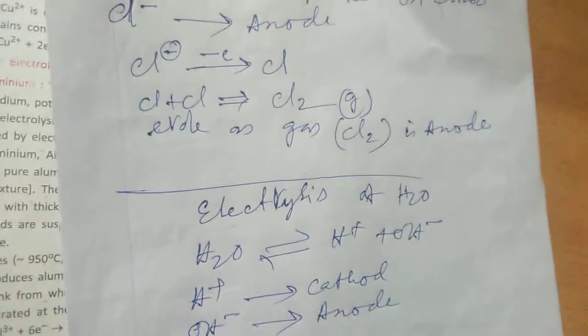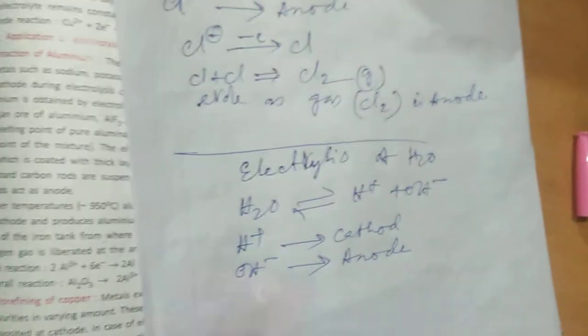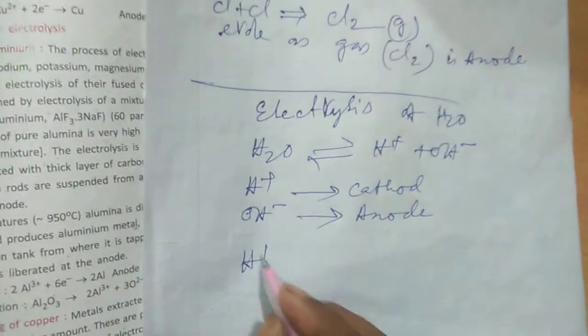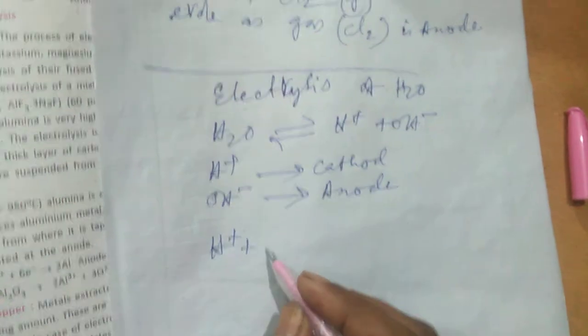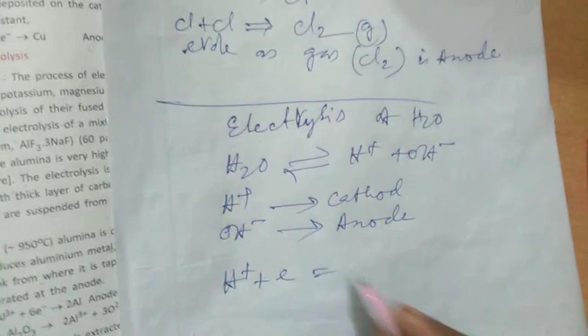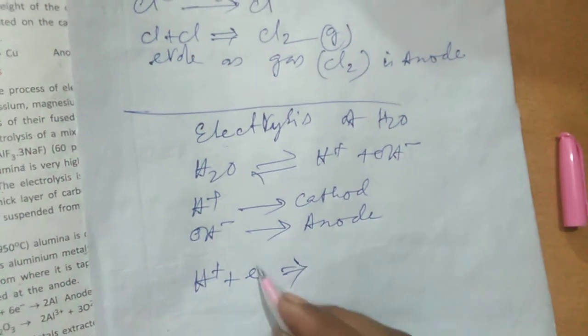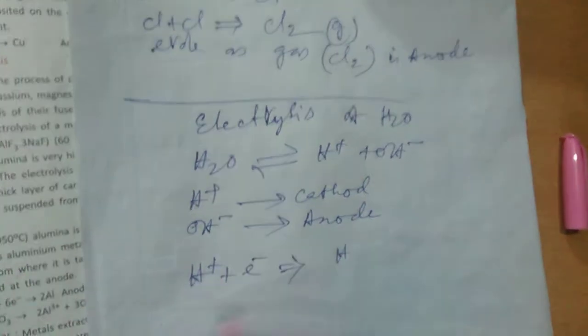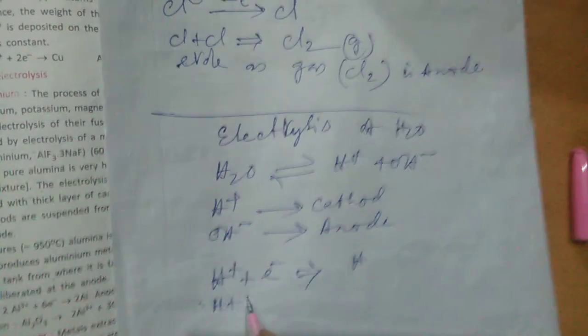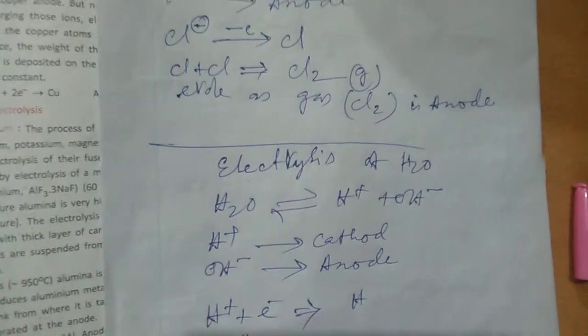Now what will be the cathodic reaction? At the cathode, H+ will take up electrons to produce H atoms. Now two H atoms will combine to form H2 molecules.